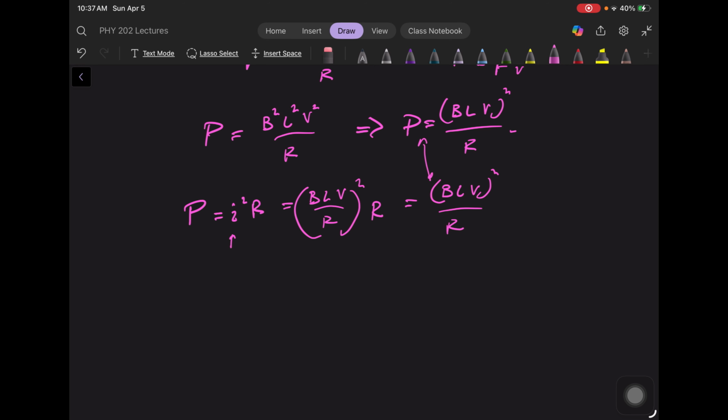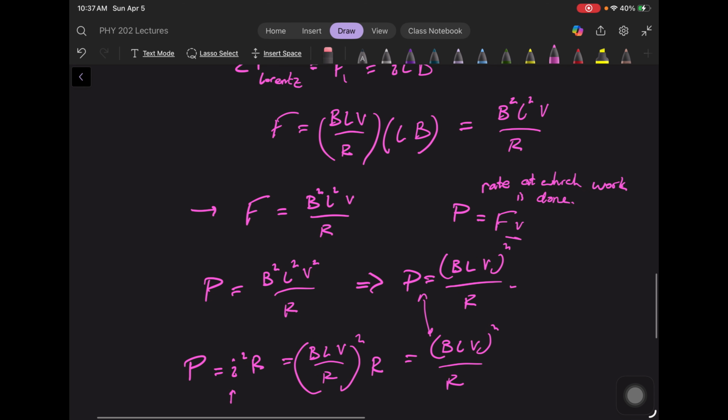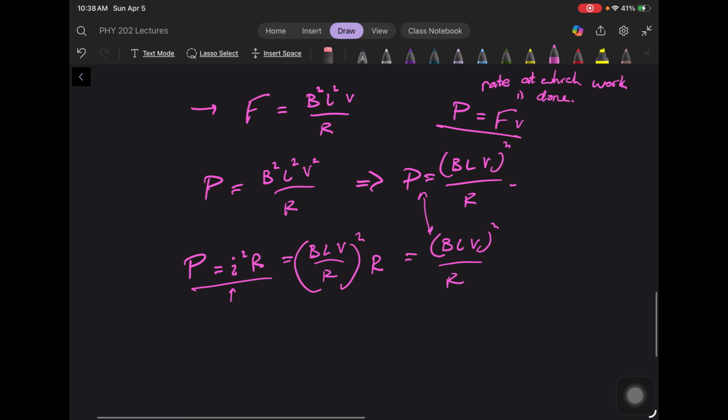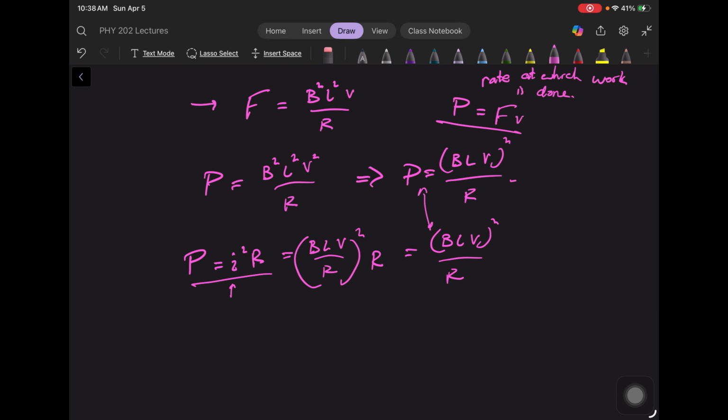We got the exact same result from two pretty different arguments. We did power is force times velocity, and we did power is I squared R, and we get the same result. And so that should be comforting. If we were looking for the same thing in a couple different ways and we got different results, then, you know, something's not good.